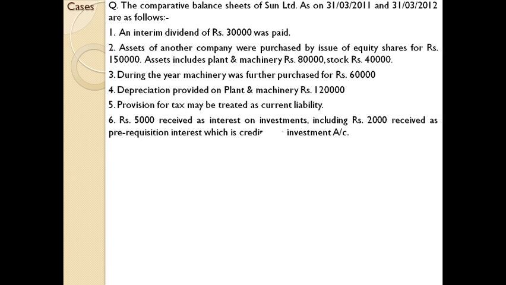Next one, rupees 5,000 received as interest on investment, including rupees 2,000 received as pre-acquisition interest, which is credited to investment account. You may find it confusing. The meaning is that 5,000 received as interest on investment includes 2,000 received as pre-acquisition interest, which is credited to investment account.